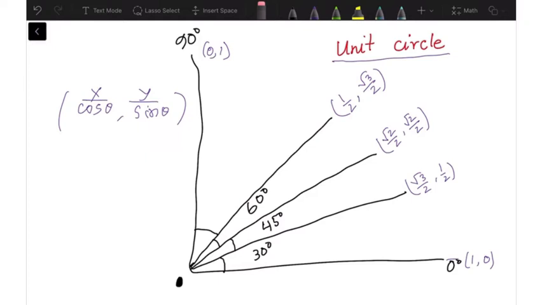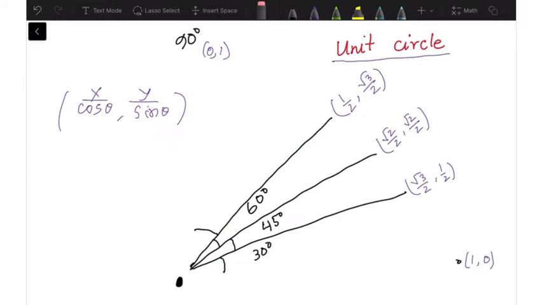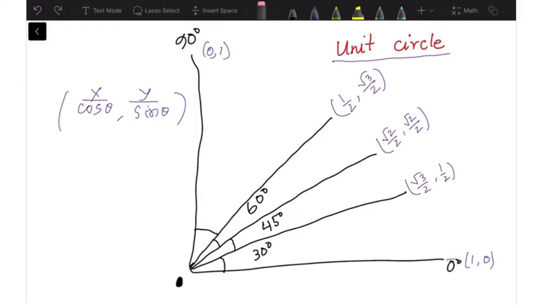You know the x value here. If you think of it as a graph, and the unit circle is like this, then this is 1, and you can say, oh, this is the exact value.